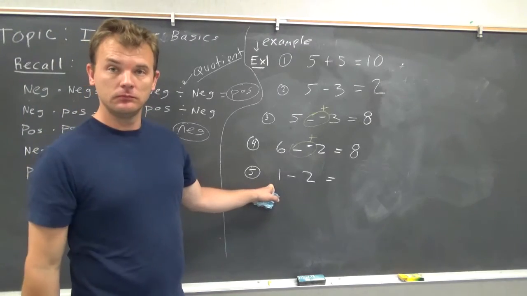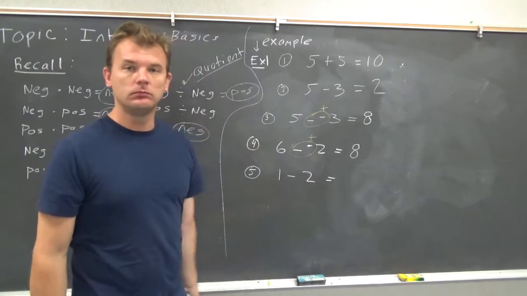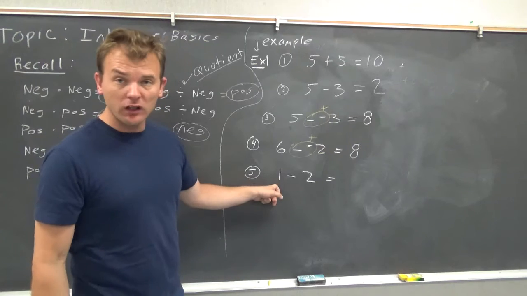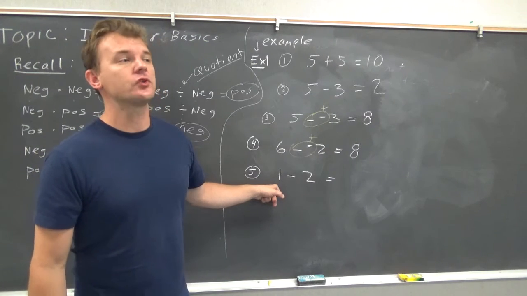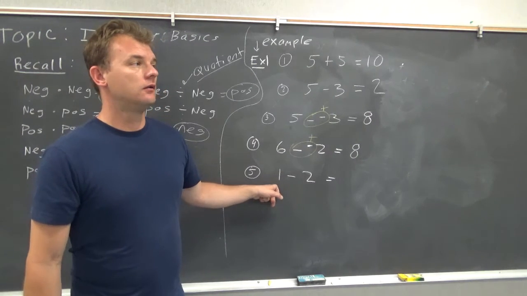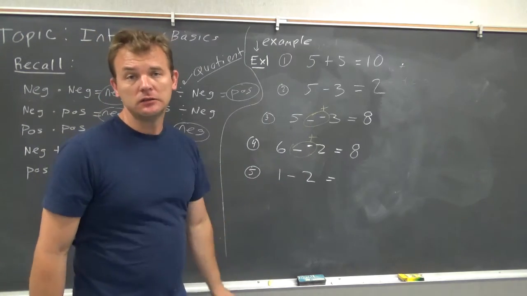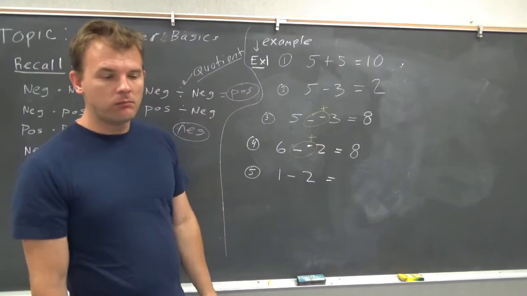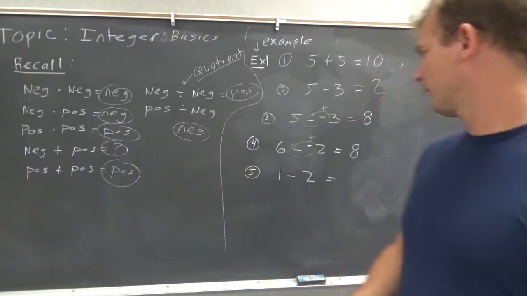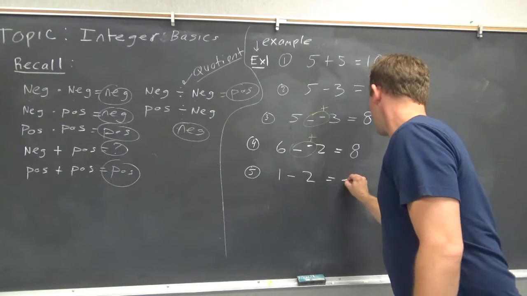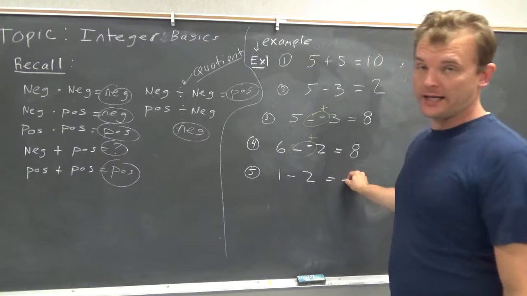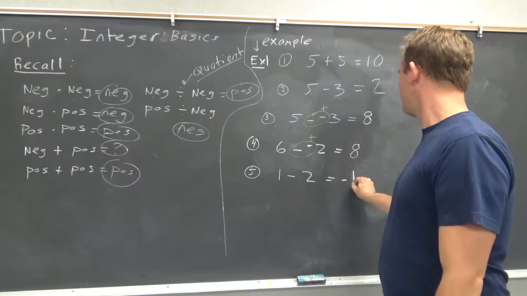Positive 1 minus 2. So I have $1, I go to the store, and I had to borrow $1. So I'm in negative dollars. So this is going to be negative or minus 1.